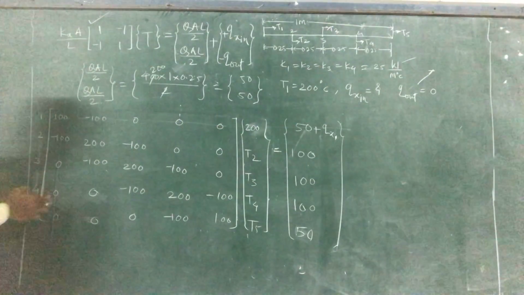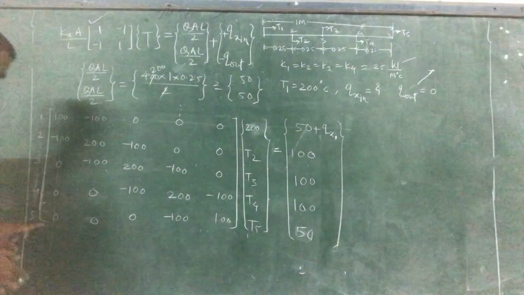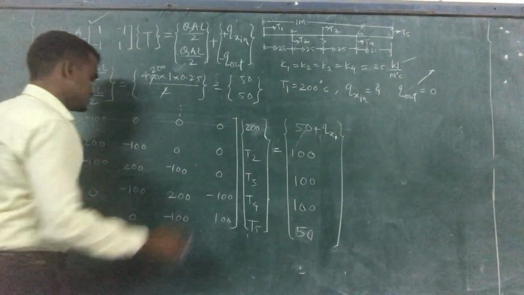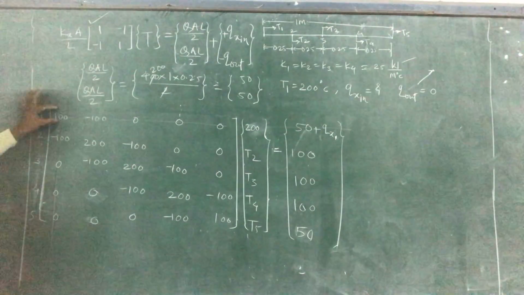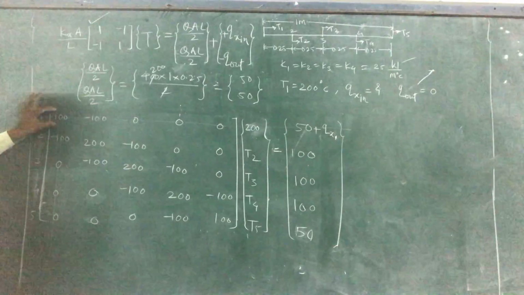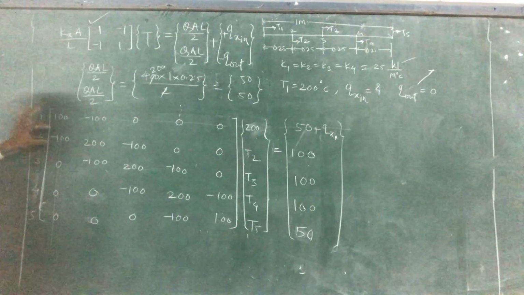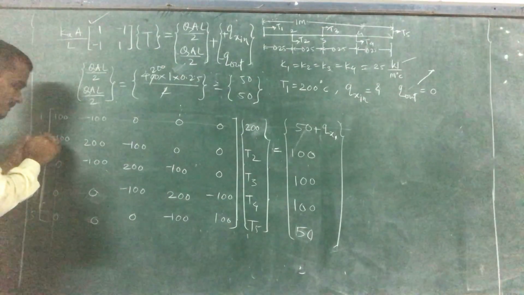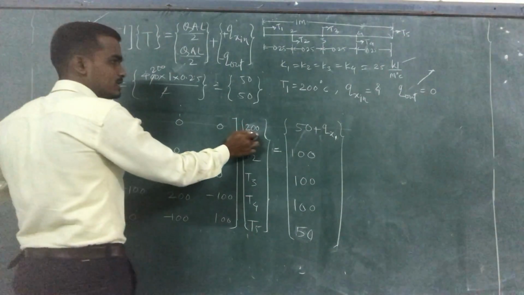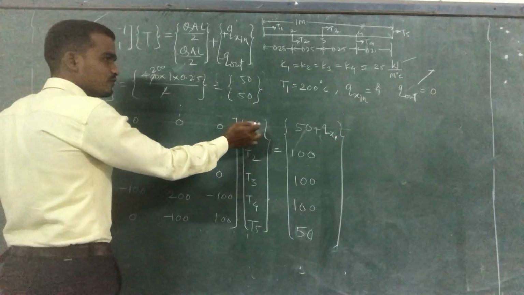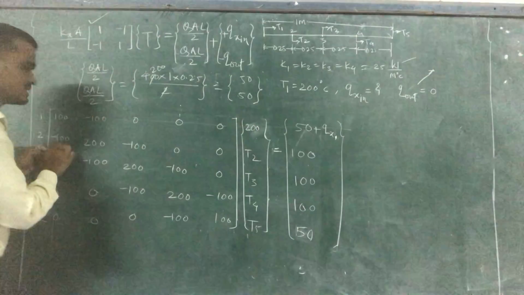For the fourth equation, 0 into 200 is 0. For the fifth equation, 0 into 200 is 0. As the first element is eliminated, there is no effect there. But for the second equation, minus 100 into 200, there will be some value we need to take into account.